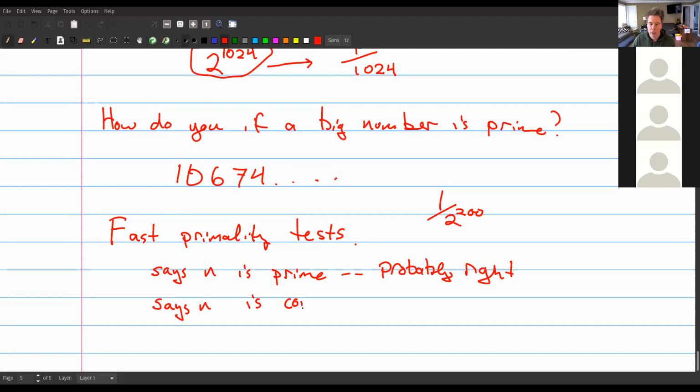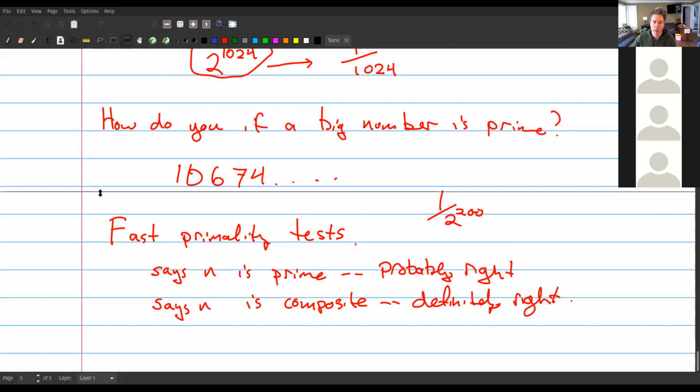If it's like a large number, would that make a difference in the chance of it being right or wrong? It can be as right as you want, because there are certain things that are true of all primes. Like all primes are supposed to respect Fermat's little theorem.